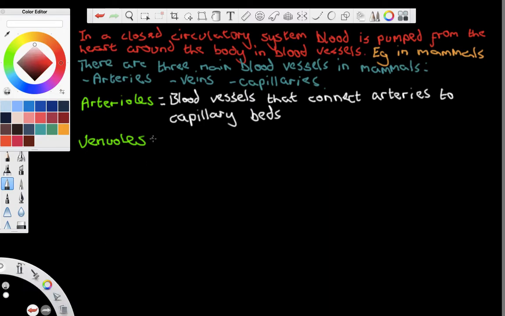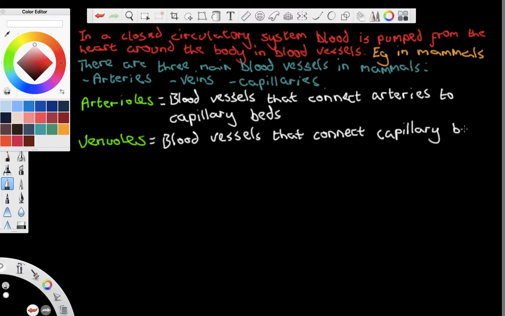So, blood vessels that connect capillary beds to veins.